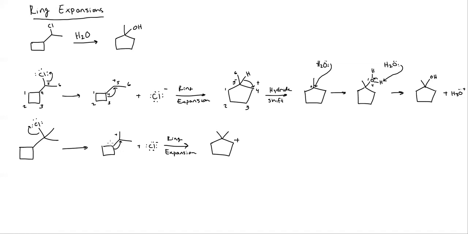I don't have a hydrogen on that anymore. I have 2 methyl groups, okay? So one of these 2 methyl groups is going to move. So we'll say one of these methyl groups moves over here. And then whenever that happens, that is a methyl shift. Okay. So that's my methyl shift.